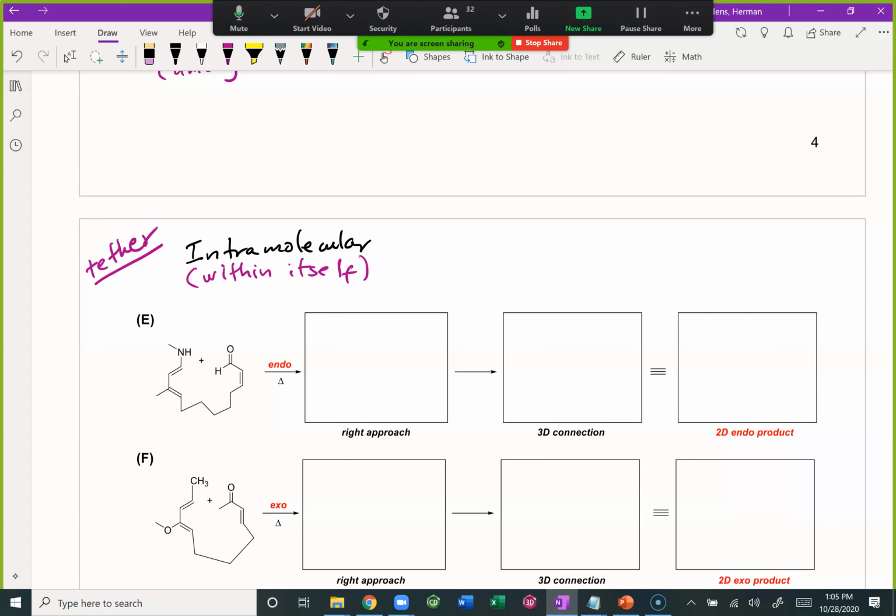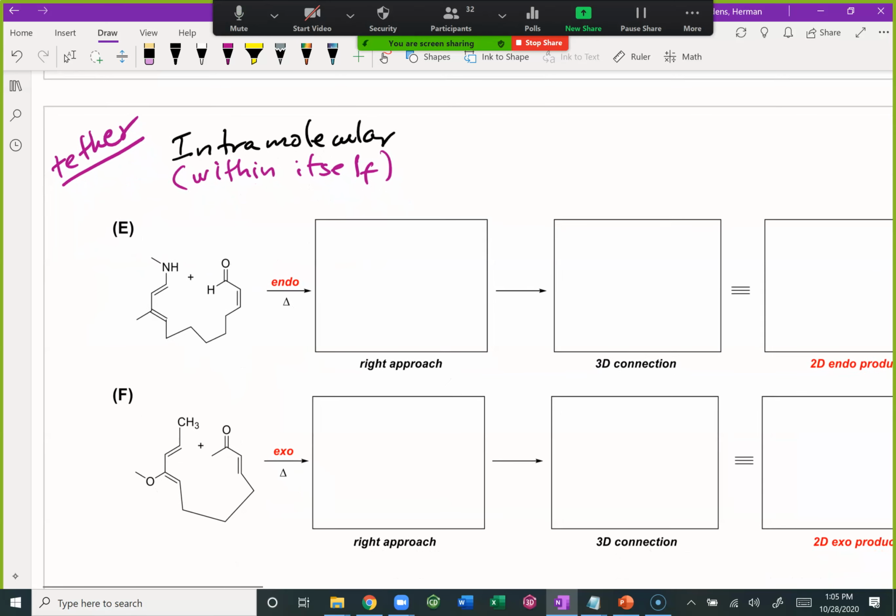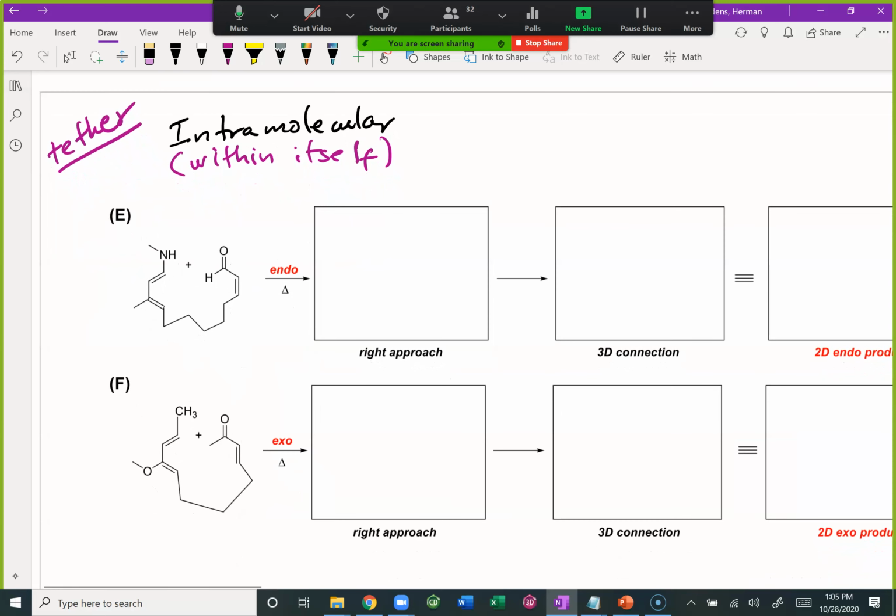Okay, so for the Diels-Alder in an intramolecular fashion to work, it requires that the carbon that is the most electron rich be already at 6 o'clock, and it's really, really rich.